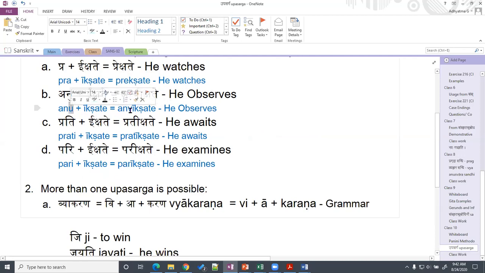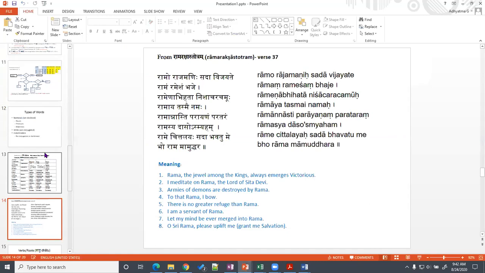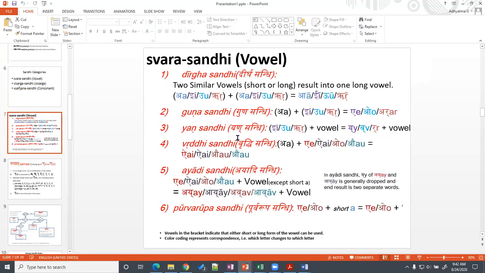Okara becomes vakara. Yan sandhi changes the previous consonant, not the following one. So here, if you look at yan sandhi, ikara, ukara, rukara, they change to yakara, vakara, or repha. The subsequent vowel remains the same.